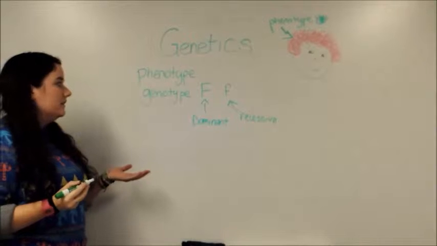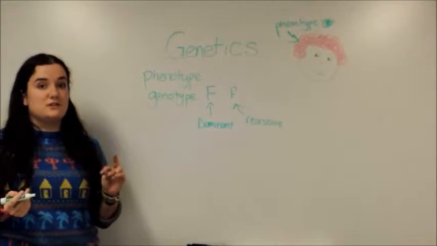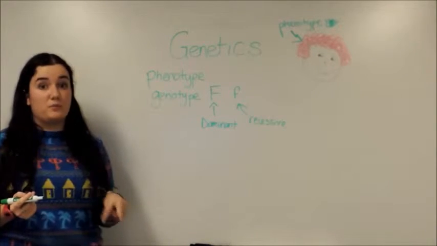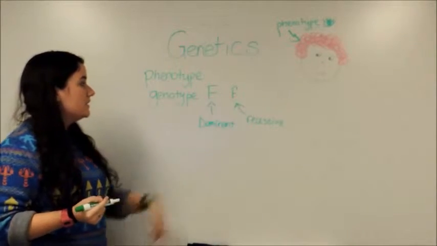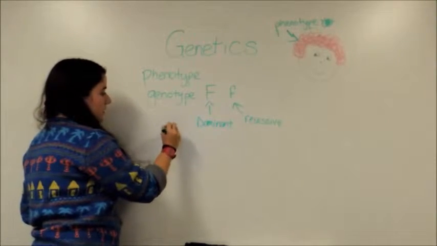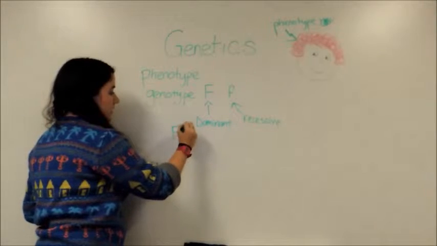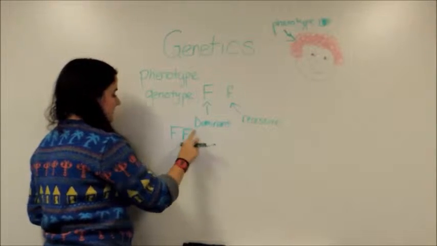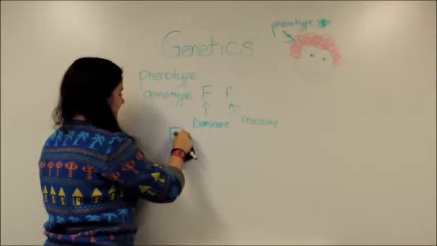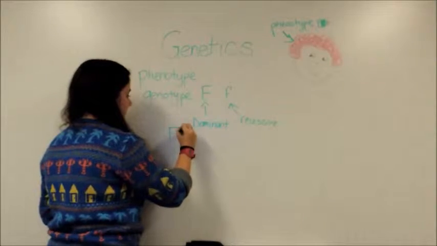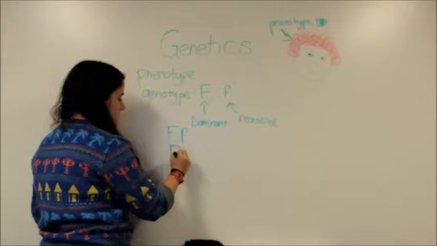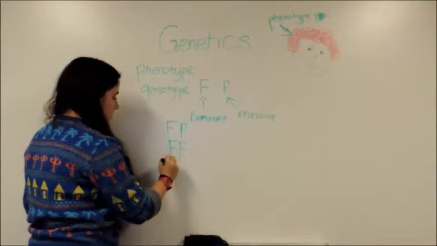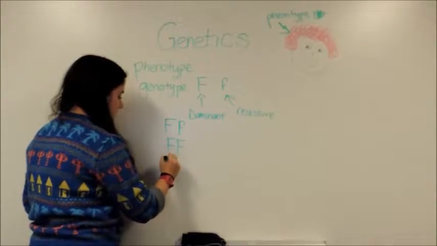So every person gets two genes from their parents, one from their mom and one from their dad. So you get two of these. So you're either going to get a big F and a little f, or you're going to get two big F's or two little f's.